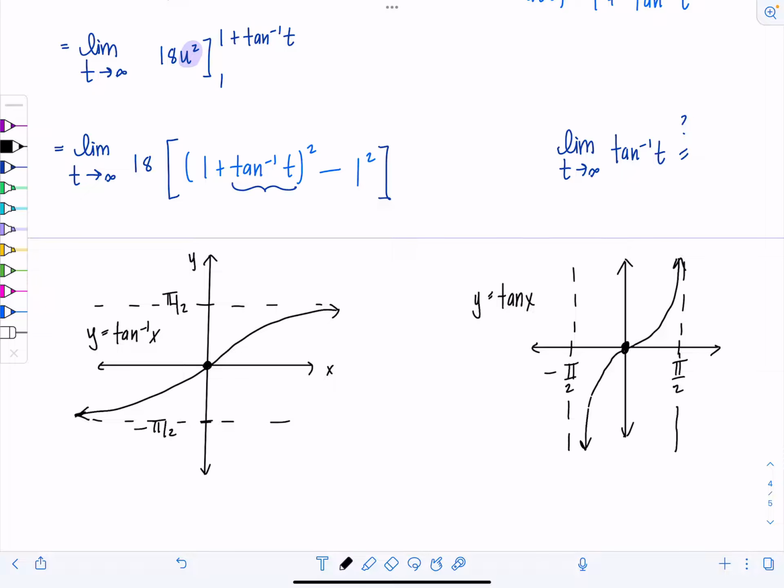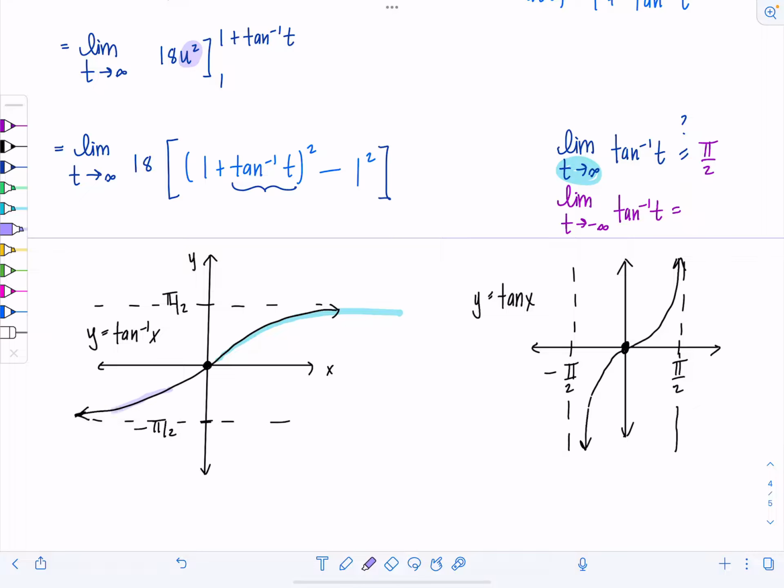Okay, so this is what you need to have in your mind so you can take this limit. The limit as t approaches infinity, positive infinity, of tan inverse of t is equal to? Why, yes, it's pi over 2. And if instead we had approached negative infinity, what would that limit be?